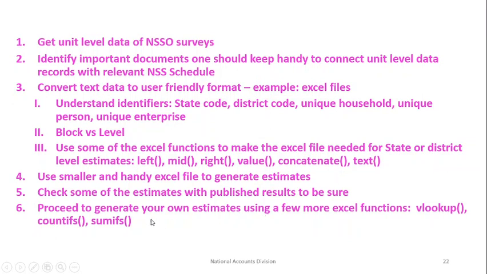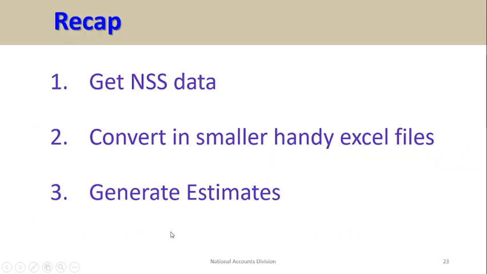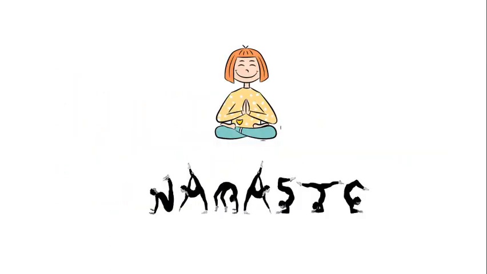And then for generating our estimates, we will require just 3 more: VLOOKUP, COUNTIFS, and SUMIFS. So the steps are: get NSS data, convert it into smaller handy Excel files, and generate estimates. We need Excel and just 10 functions. Thank you.